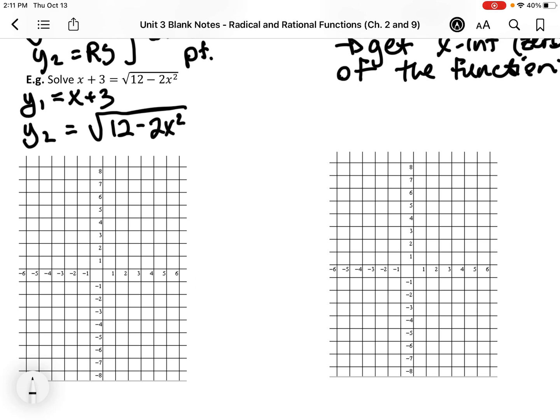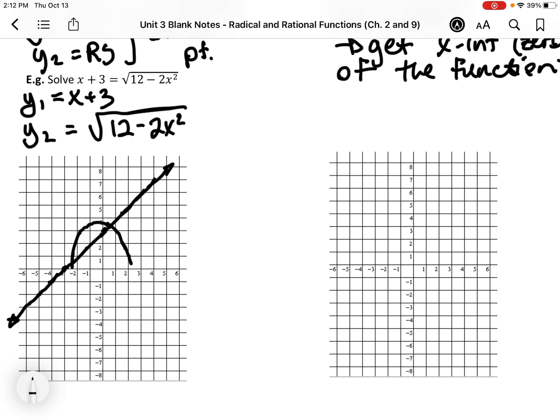But the first one is a linear function, so hopefully you guys can get your heads around that. Y1 has a y-intercept of 3, y equals x plus 3, and a slope of 1. So there's y1. The second function, when you graph this, looks something like that.